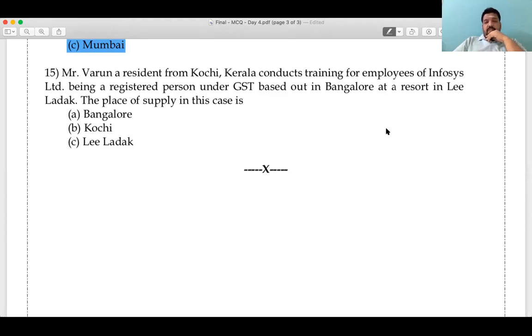The place of supply of service in this case is: Bangalore, Kochi, or Leh Ladakh. Infosys is a registered company.